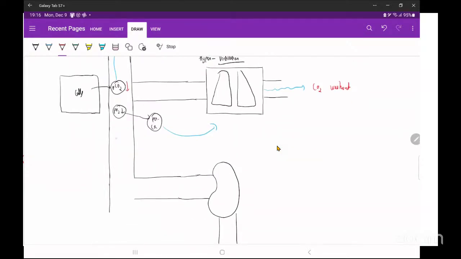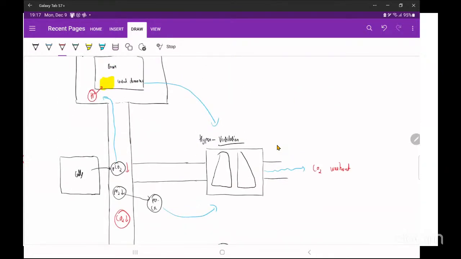As a result of that, your CO2 decreases. So when CO2 is decreasing, the amount of H plus which is stimulating this is reducing. Because of this opposing effect, this increase in ventilation is only 1.65 times. This is the initial situation.